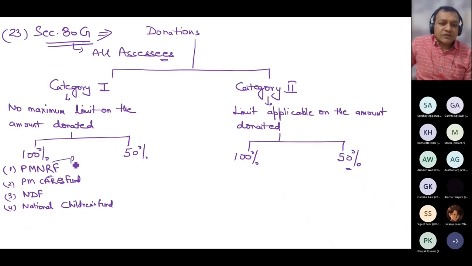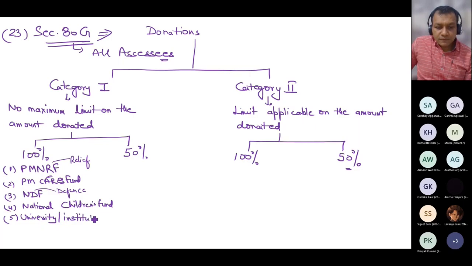Prime Minister National Relief Fund. I am using the short form from the book or any material, and you will find the full form. National Defense Fund. University or an institution as approved for this purpose.